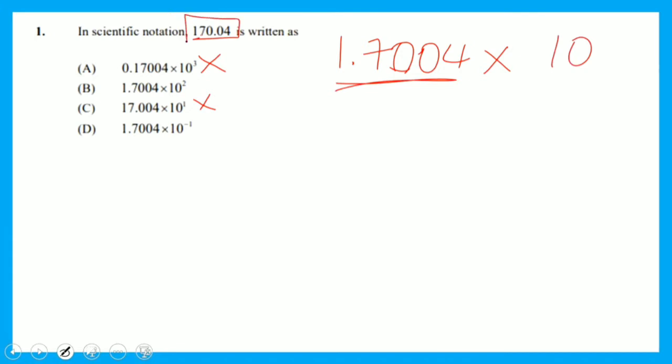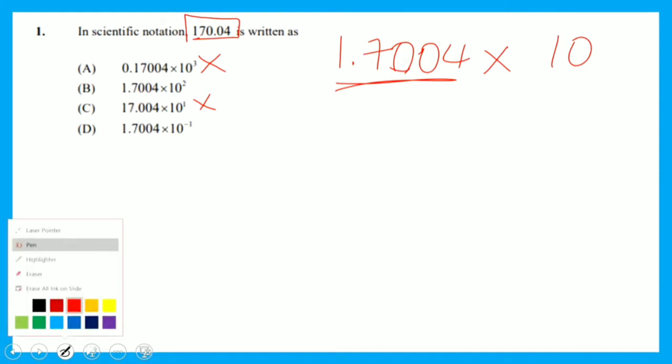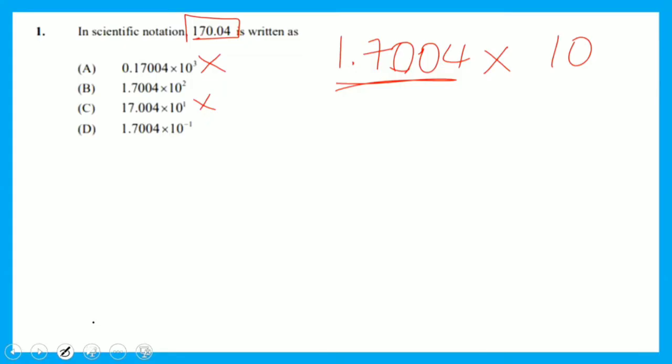Some persons can tell from off the top of their heads that you can multiply this by 100 to get back that number. And 100 is the same as 10 squared, and that would have been your final answer.